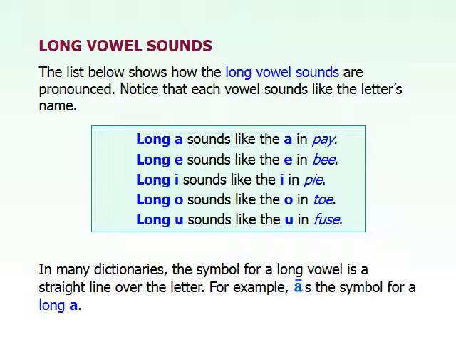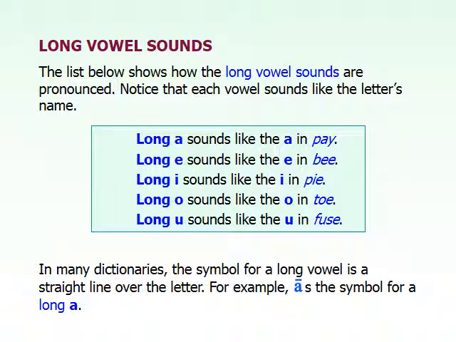Long E sounds like the letter E, as in bee. Long I sounds like the letter I, like in pie. Long O sounds like the letter O, as in toe. Long U sounds like the letter U, in fuse. In many dictionaries, you're going to see the long vowel sound represented by a straight line over the letter.